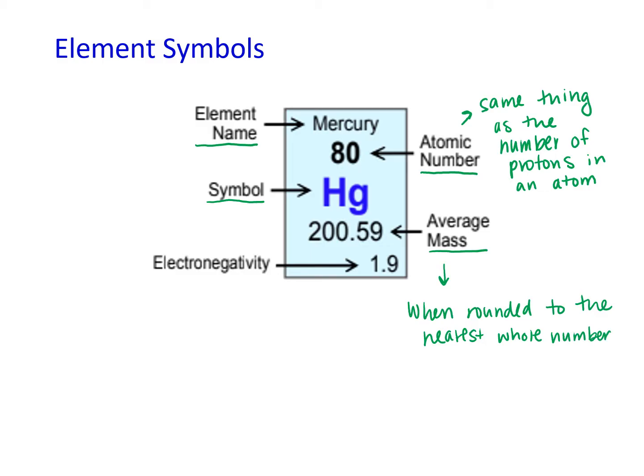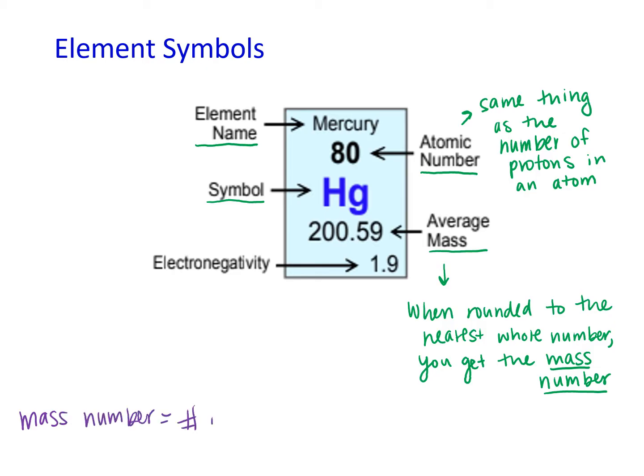So when we round that average mass to the nearest whole number, you get the element's mass number. And an element's mass number is equal to the number of protons plus the number of neutrons.